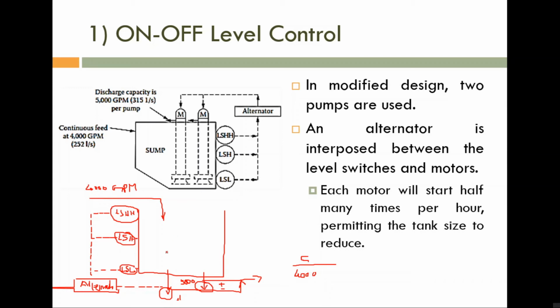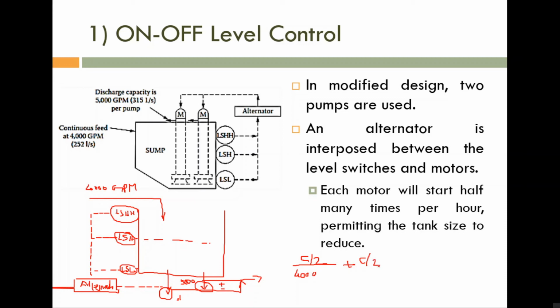Please note that if the capacity is C, then the time required to fill up to LSH is C by 2, the half of this tank, so C by 2 divided by 4000. Once it is reached here, the time required to reach LSHH is again another C by 2.